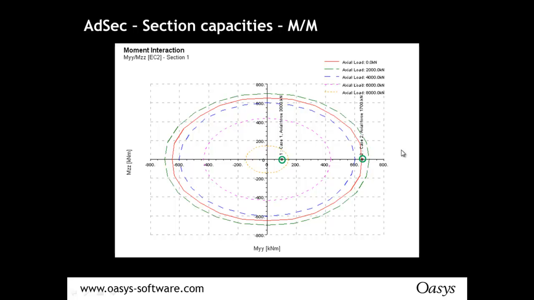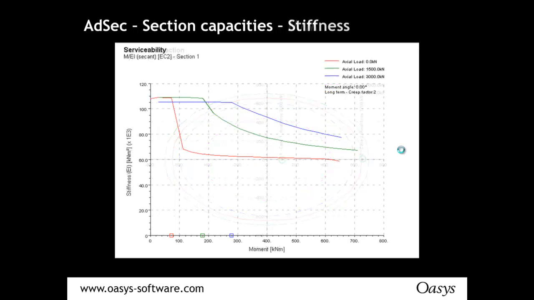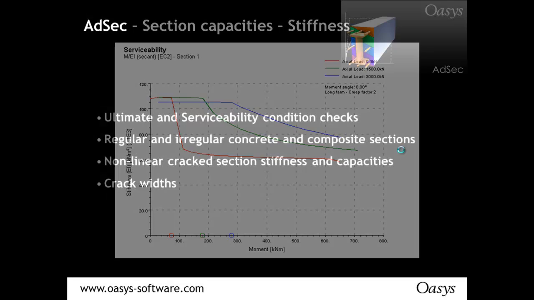So it gives you a little bit of information there. And as you can see, there's serviceability information as well. So we've got the stiffness and the yield graphs, and we can have a look at moments where yield has occurred, and then get yield stiffnesses and fit that back into ALP.